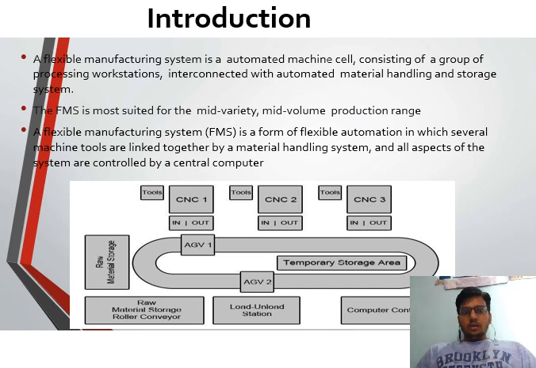In this image or figure we can see the layout, how these different components are linked together. Initially we have the raw material storage and roller conveyor system.